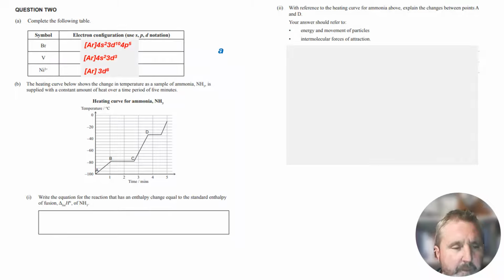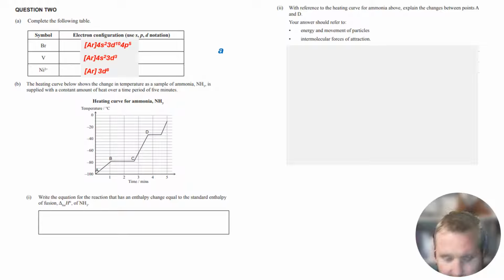So what's happening is the particles are moving faster and they have more kinetic energy. And temperature is a good indication of the kinetic energy, or it is actually the measurement of the average kinetic energy of the particles. As we have a stop in the increase in temperature along the horizontal lines here, what's happening is we're breaking bonds. Okay, but that's an explanation here. We're going to write that on the right hand side.